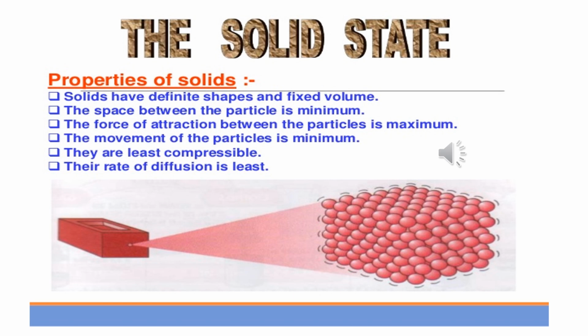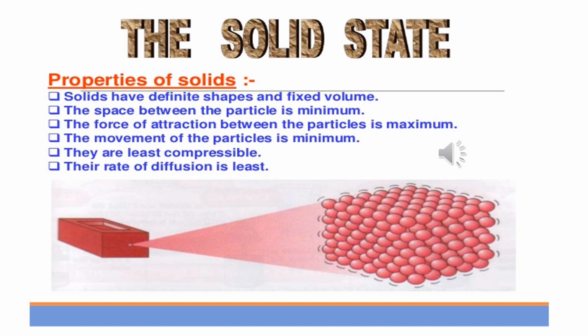One more property of solid state of matter is that the particles of solid state of matter have minimum kinetic energy. Why? The reason is as the particles of solid are very close to each other, these particles do not find enough space to move around.